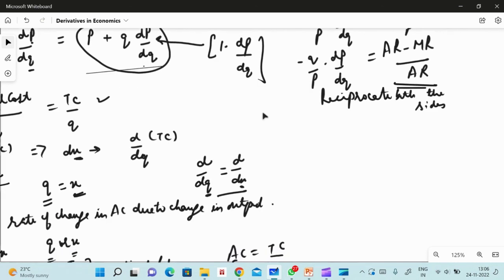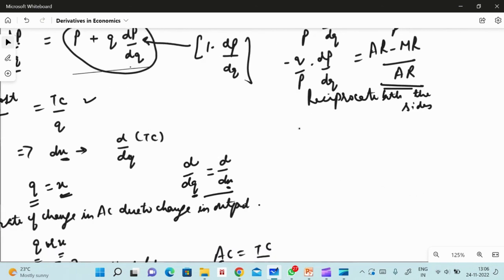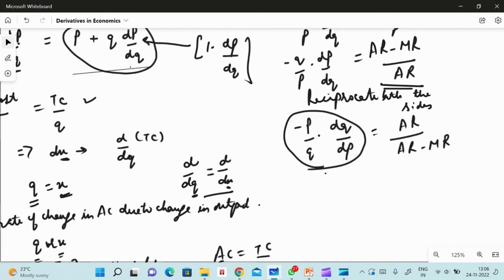Now what we will get, we will write it in this form: minus P by Q into dQ by dP is equal to average revenue upon average revenue minus marginal revenue. And this is the formula of elasticity of demand, right? So I can write here elasticity of demand is equal to average revenue upon average revenue minus marginal revenue.